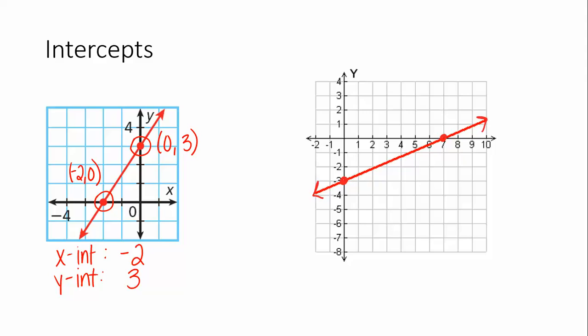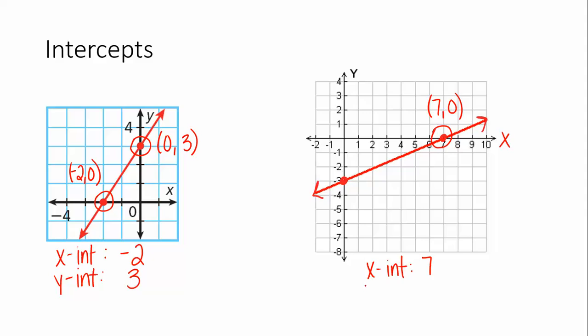Let's look at the graph on the right. First, I would like you to pick out the x-intercept. Locate that point on the graph. Hopefully you're focusing here. Remember, this is the x-axis, and we would name that point 7, 0. So the x-intercept is 7.